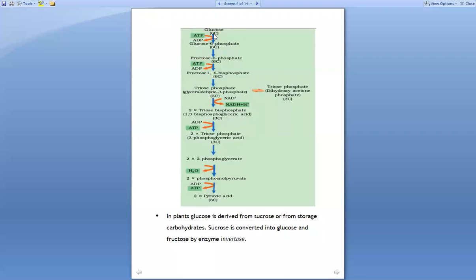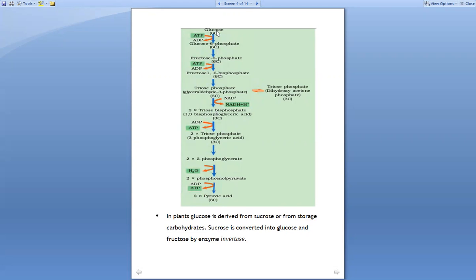This 6-carbon compound is split into two molecules of pyruvic acid, which are 3-carbon compounds. There are many different steps, and these steps need to be followed in order to reach the last step.